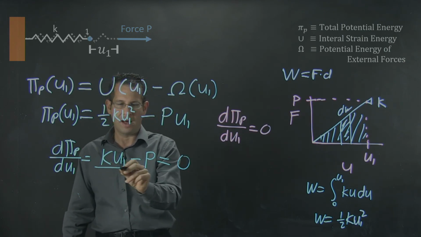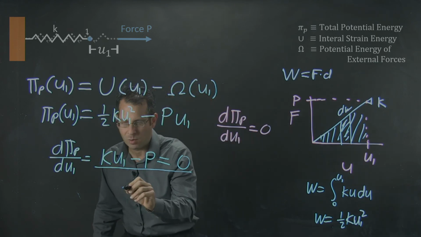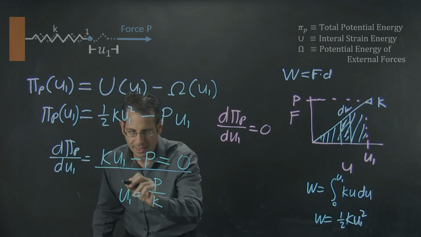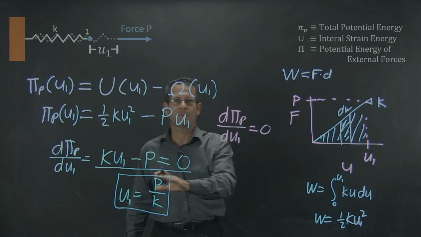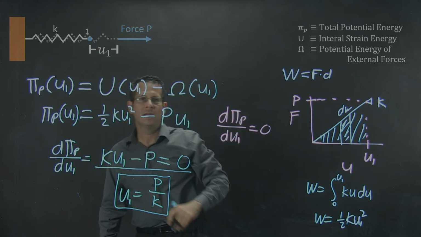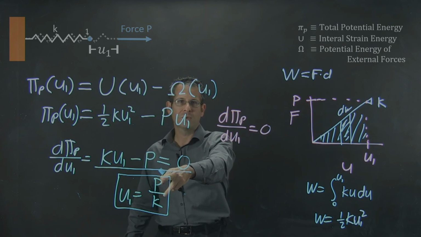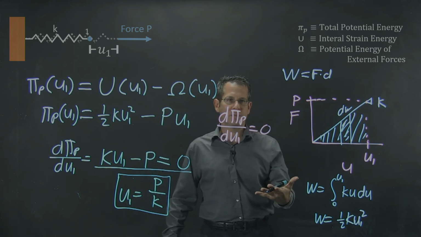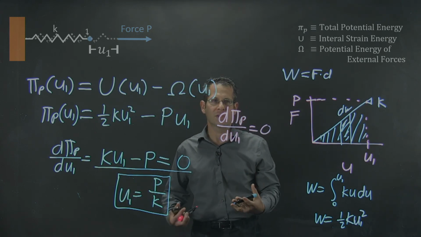Now I have an algebraic equation which I can solve for U1, and I will find that U1 equals P over K. So now I have the displacement of node 1 as a function of simply the applied force, which would be given in the problem, and the stiffness of the spring, which would be given in the problem. So I found my displacement of node 1. That's what I was looking for.